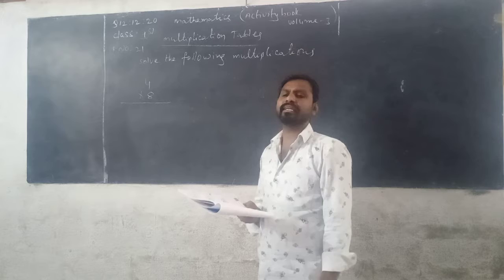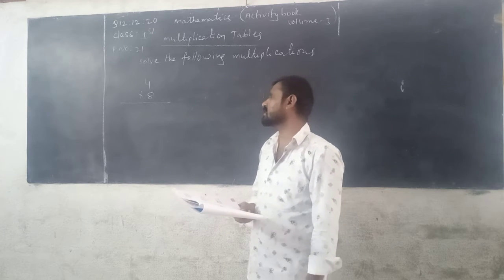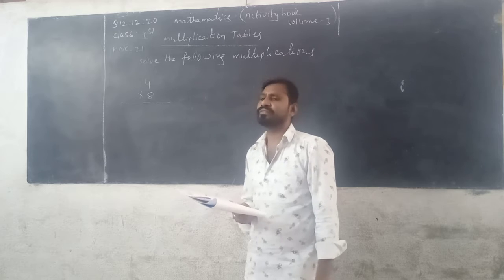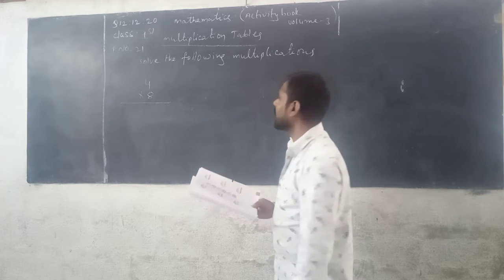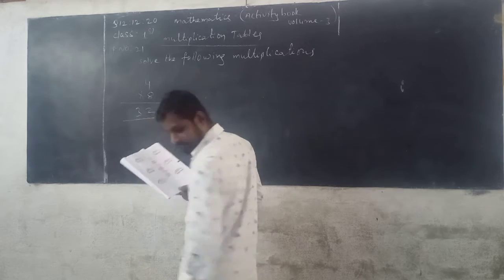Then you can read the 8 table. 8 ones are 8, 8 twos are 16, 8 threes are 24, 8 fours are 32. Write down everybody, 32.